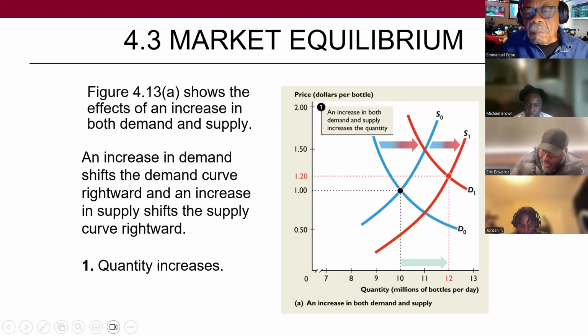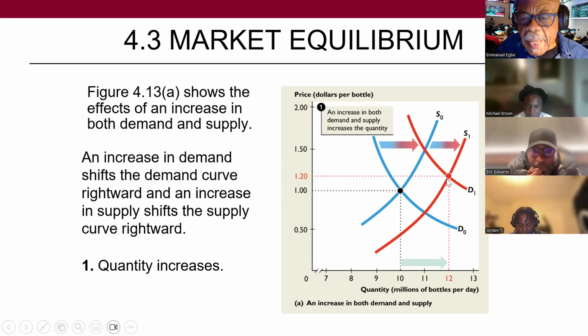Now, suppose that this increase in demand was a little lower than where it is now. You will see that the equilibrium price will not change from $1. It's possible, right?